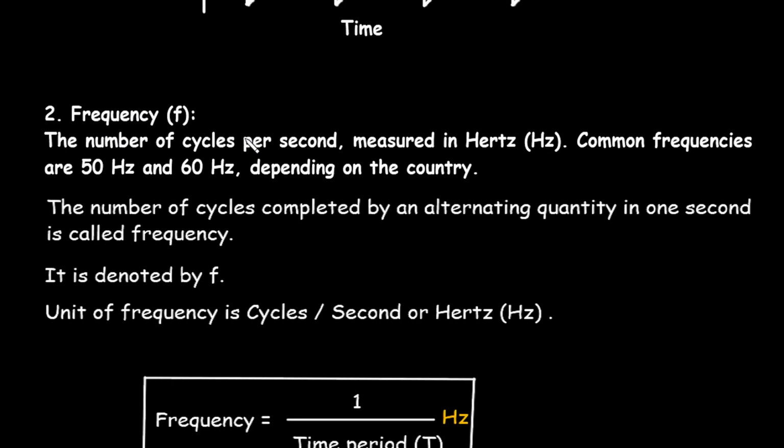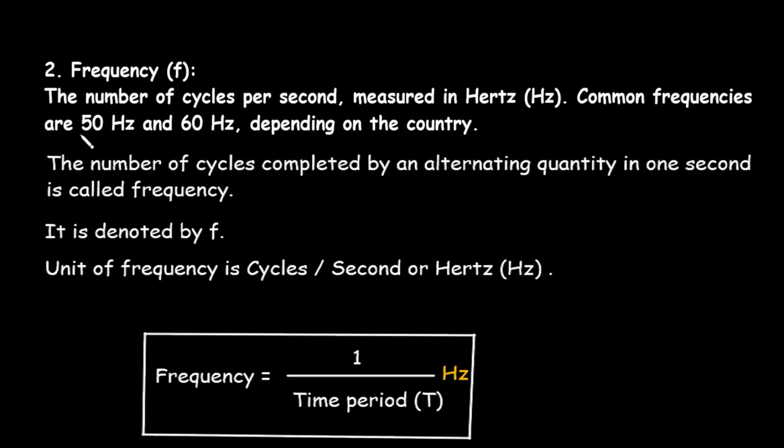So how many cycles are completed in 1 second? It is called frequency and it is measured in hertz, which is represented by Hz. Common frequencies are 50 Hz and 60 Hz. These are the frequencies which we use in our homes. Different countries have different frequencies, but most of the countries have 50 Hz frequency.